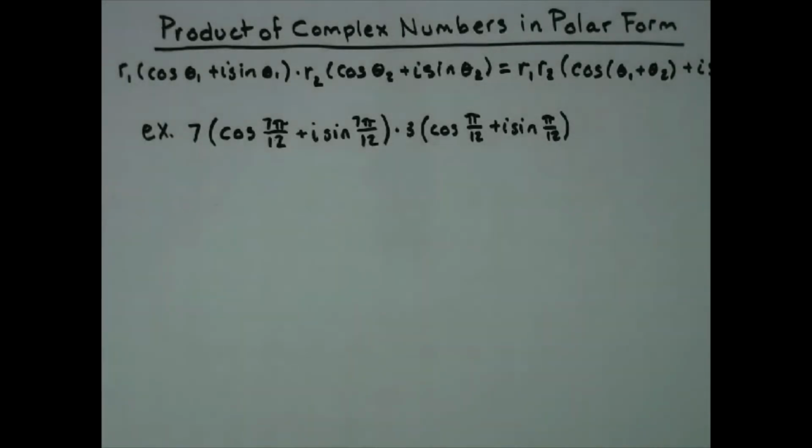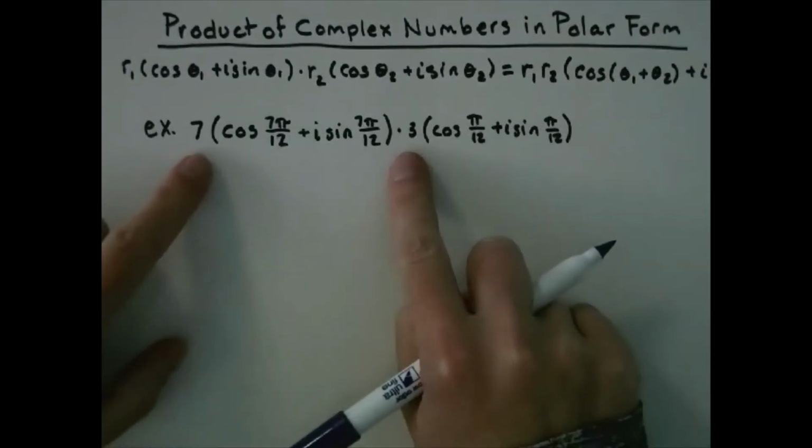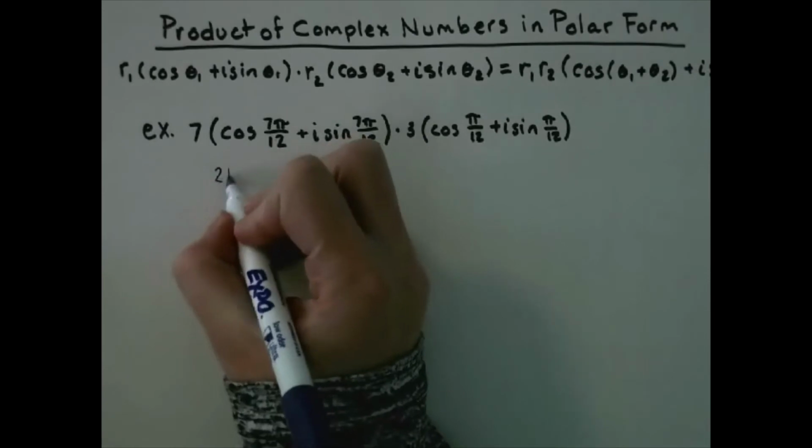So let's do an example. We have 7 cosine 7 pi over 12 plus I sine 7 pi over 12 times 3 cosine pi over 12 plus I sine pi over 12. Okay, so the multiplication is really easy. We're going to multiply the two r's, so we'll get 21.